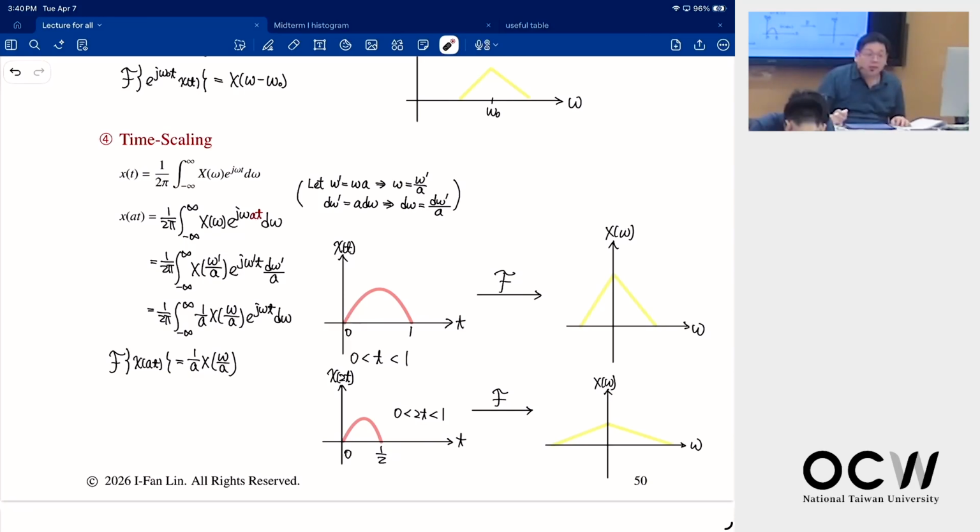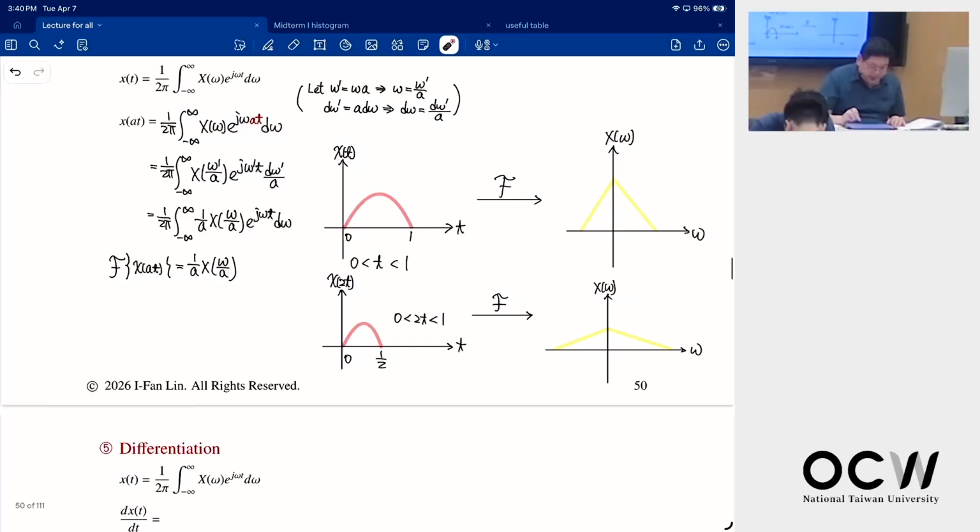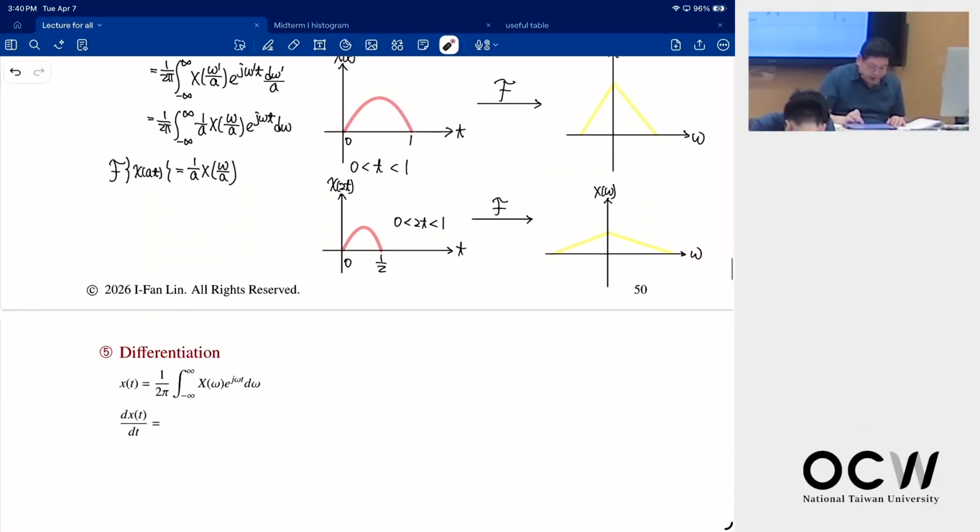All right. If you don't have any questions, next let's see the differentiation. So I can express the signal as a linear combination of the bases. When I take the derivative, what happens?